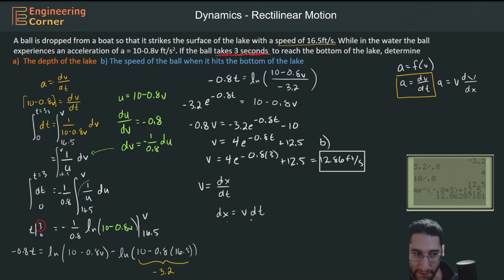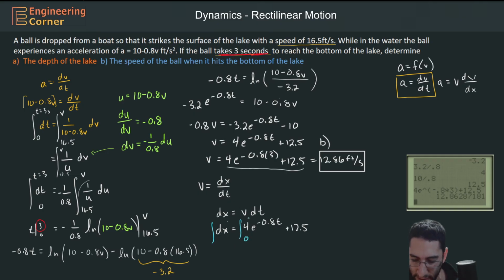I have an expression for v. My expression for v is right here. So dx is equal to 4e to the minus 0.8t plus 12.5. I need to integrate. I need to figure out my bounds.